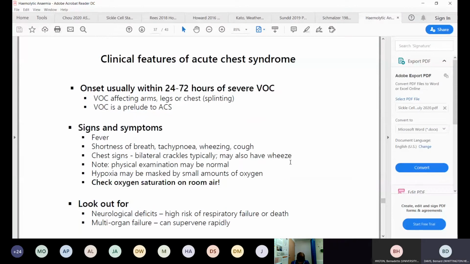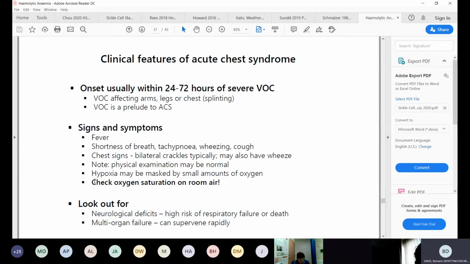Now, again, like other features, chest syndrome will usually occur during a painful crisis. We've mentioned some of the features, so I won't go over that. What I'll mention, though, is this: that in sickle patients, generally, if you're monitoring their oxygen saturation, it's best done when they're breathing room air.